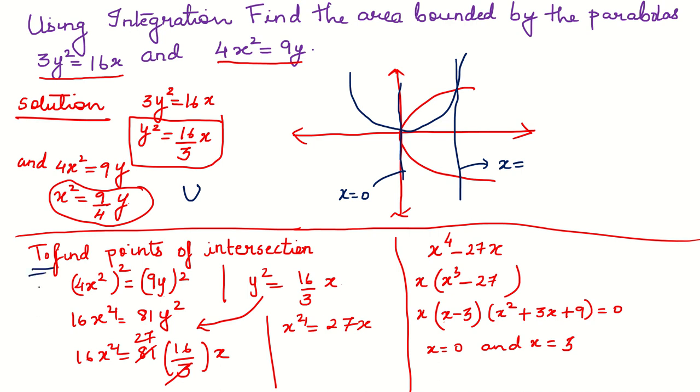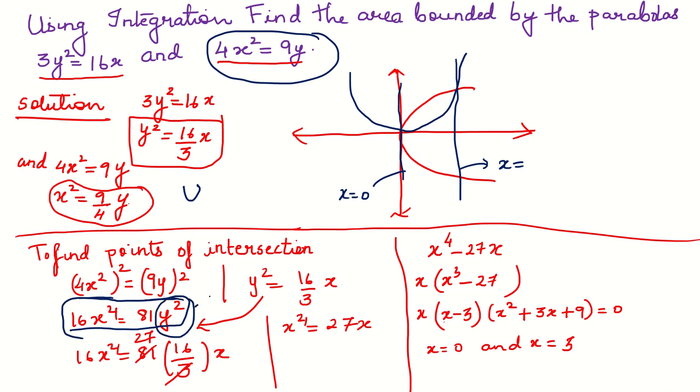What I have done is I have squared the original equation of this parabola, and I have come to this step. Now I have y square already, which is here, and I have substituted that. So 81 into 16 by 3 x.